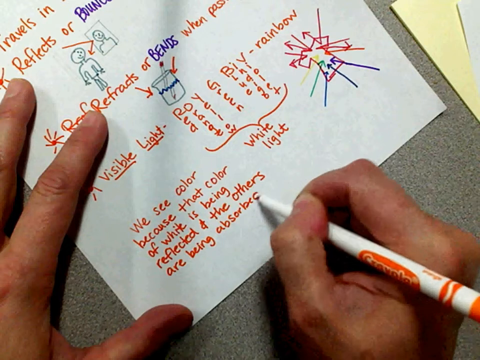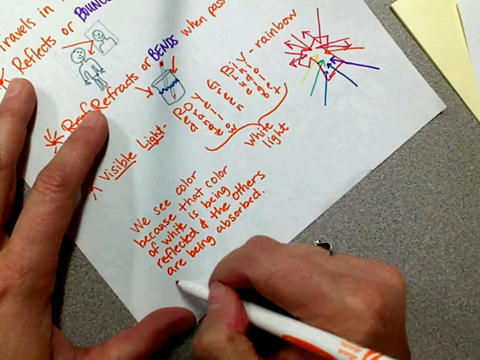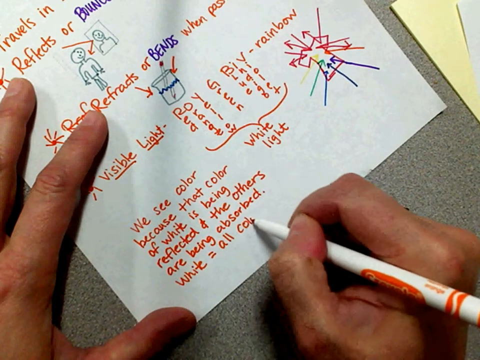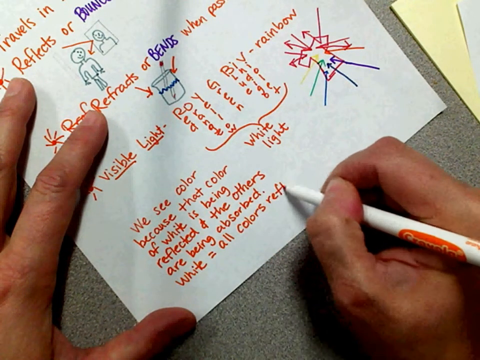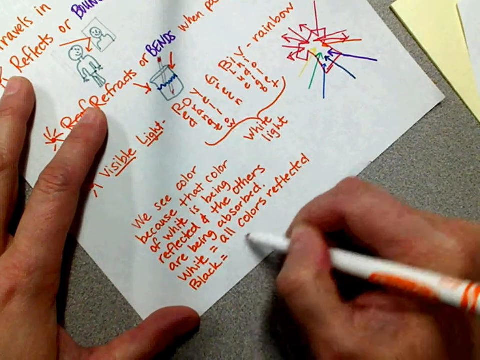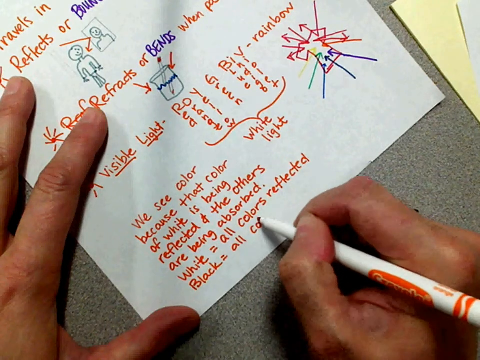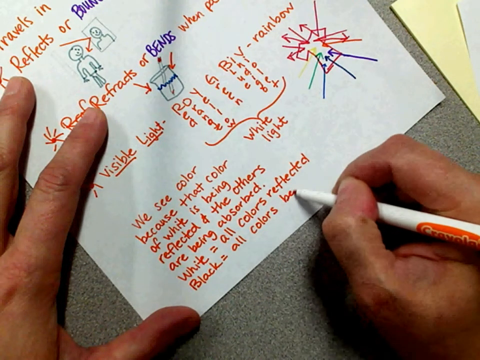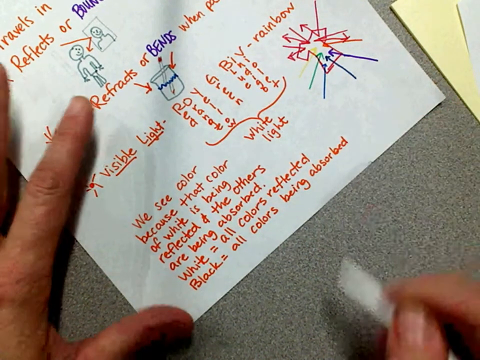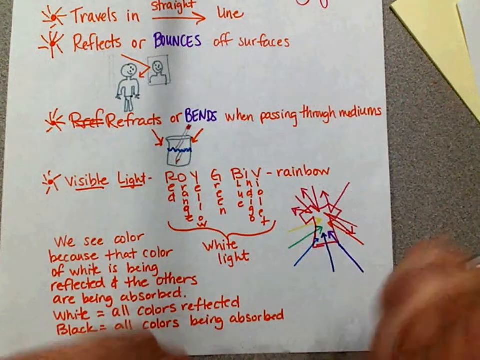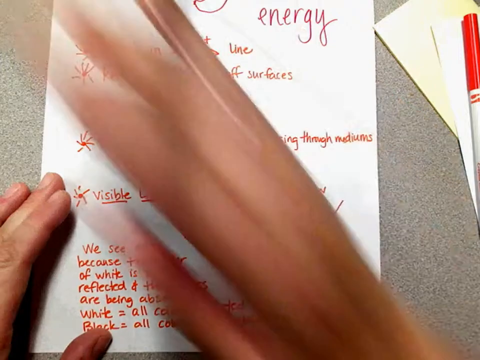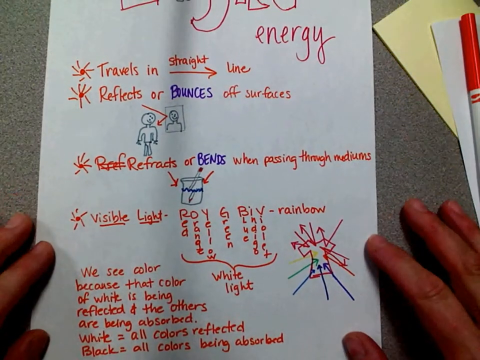Okay, so white equals all colors reflected, black equals all colors being absorbed. Okay? So, let me fix this so y'all can see the whole page.